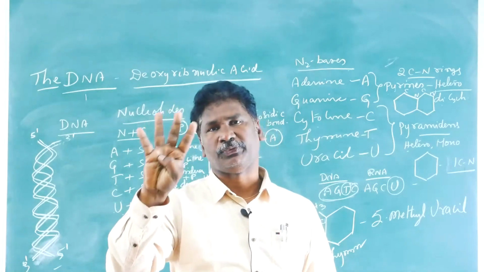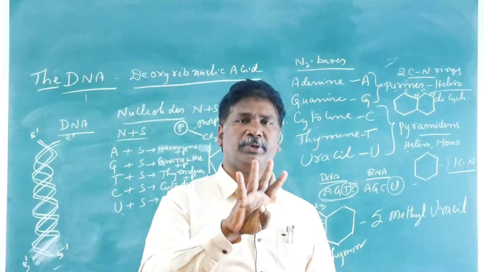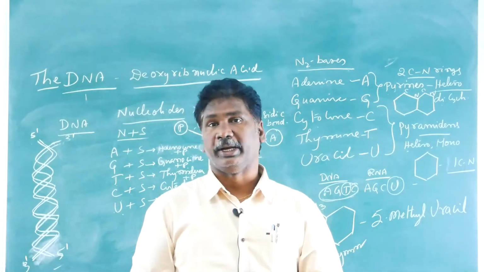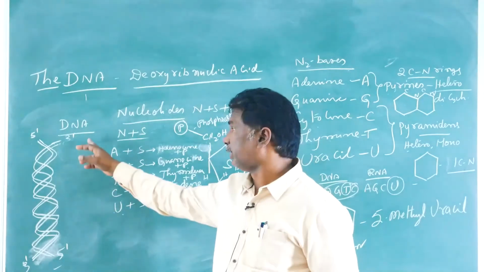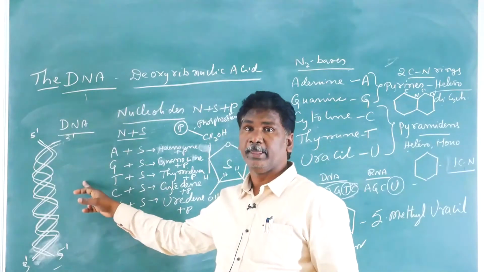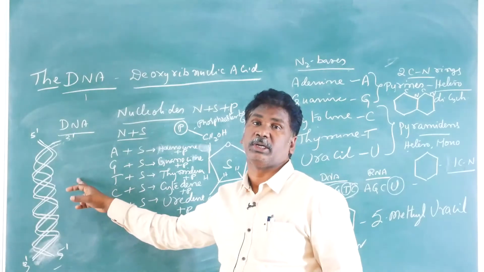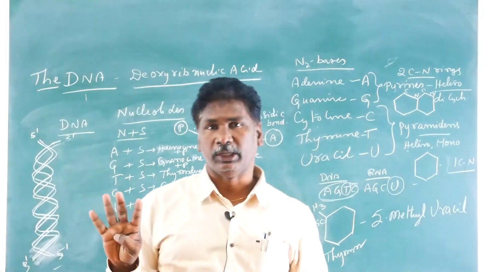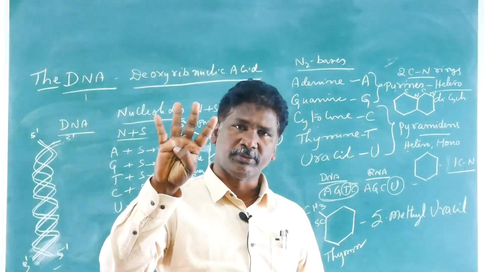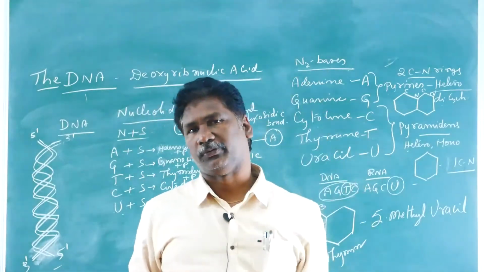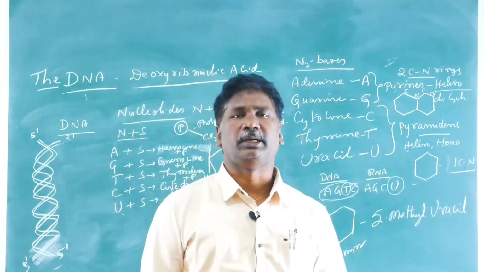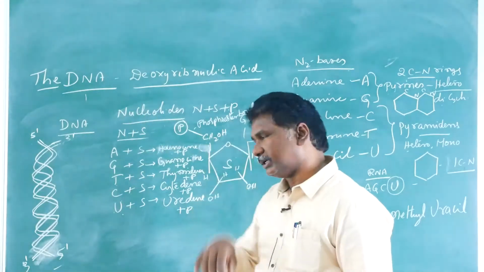DNA has 4, RNA also 4, but in total 5. The nucleotides differ because the sugar is changed: DNA has deoxyribose sugar and RNA has ribose sugar. That's why DNA contains 4 types of nucleotides, RNA contains 4 types, and the total is 8 types of nucleotides.